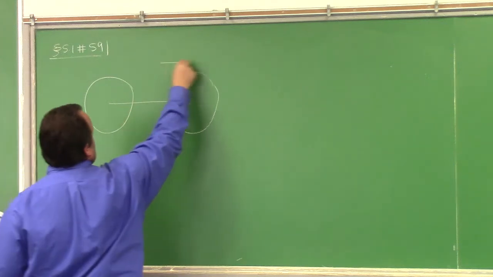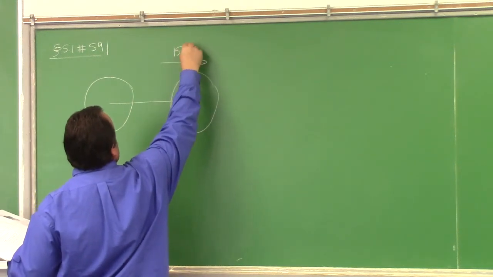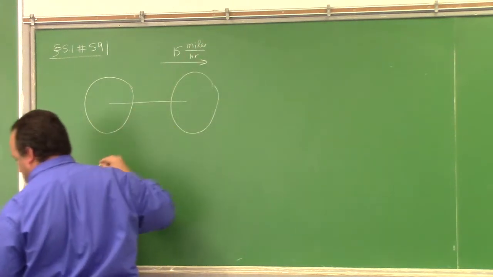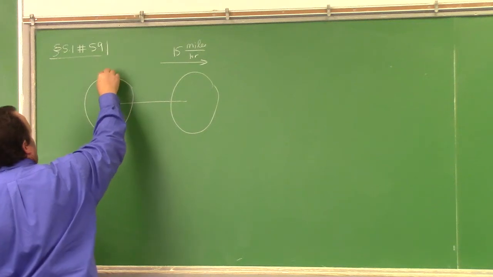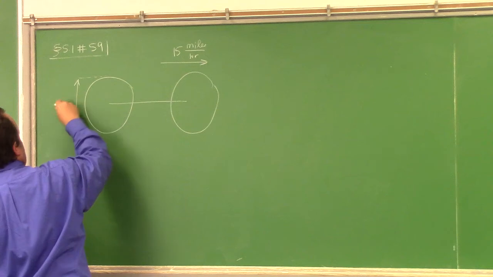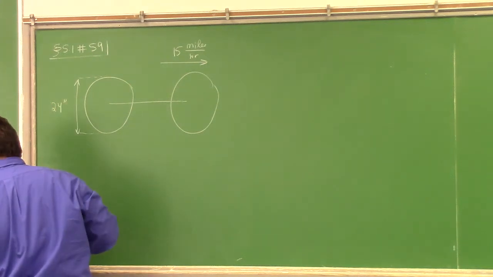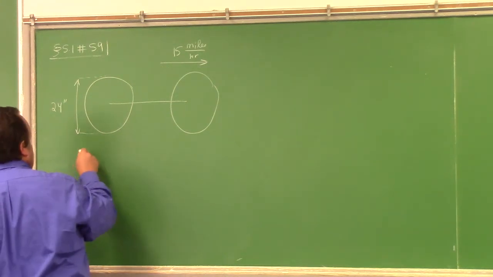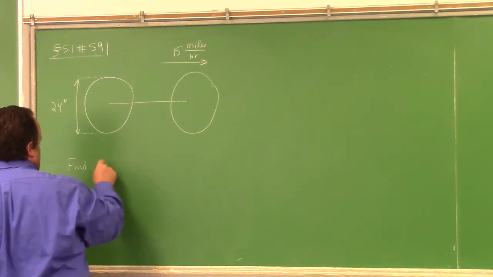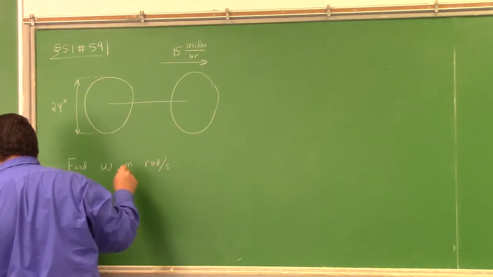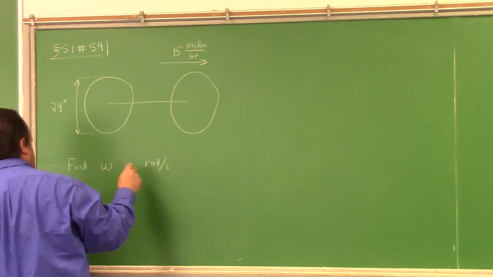So it's 15 miles per hour, right? And 24-inch diameter wheels. You're supposed to find the angular speed of the wheel in radians. And what else? How many revolutions per minute?